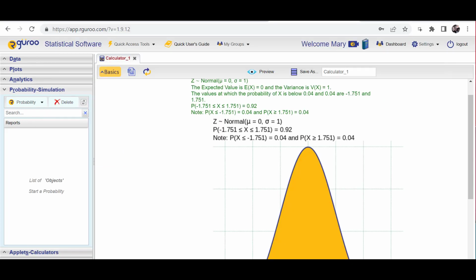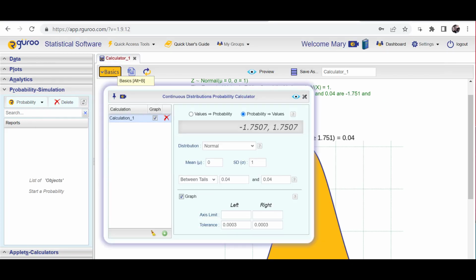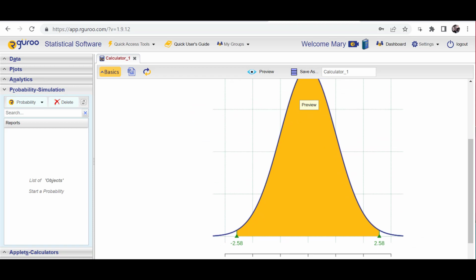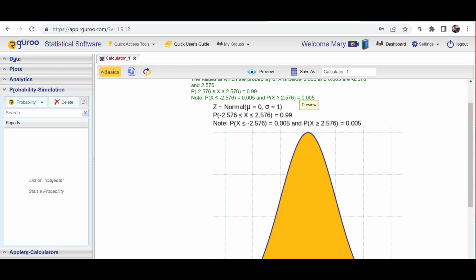So I'm going to go back up here. Since I've got this calculator up already, I'm just going to change the tails to 0.005 on either side. All right, and it looks like we get 2.58 standard deviations. It looks like it's 2.576 if we go to 3 decimal places rather.